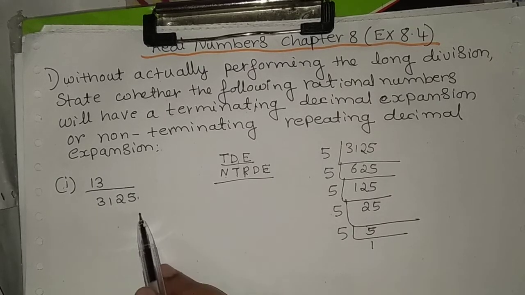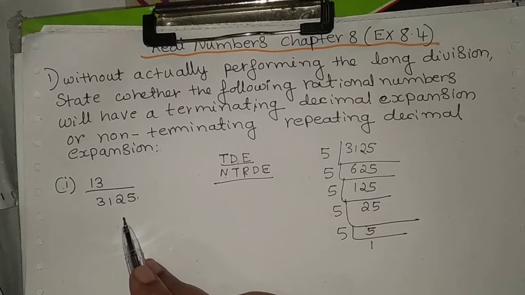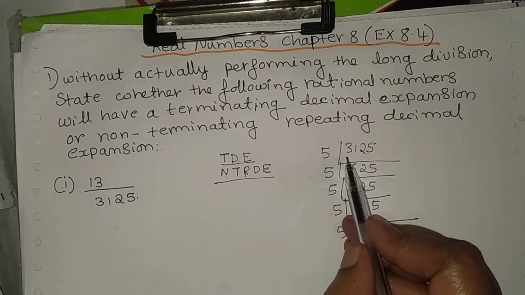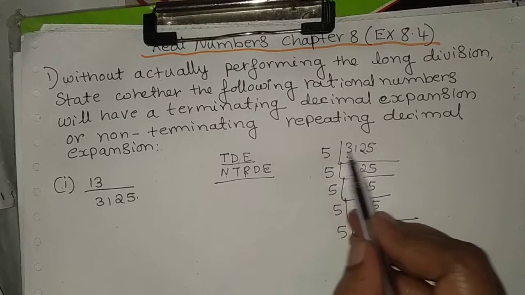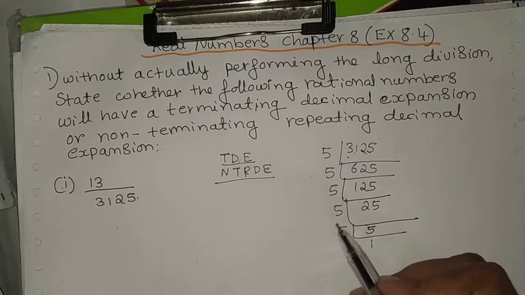So the first problem given is 13 by 3125. What I did first is factorize this number.